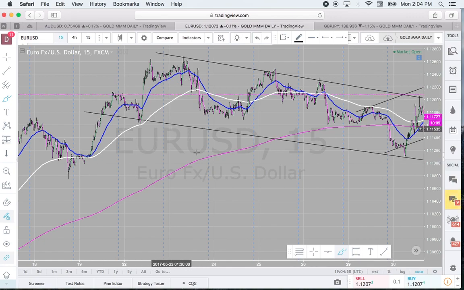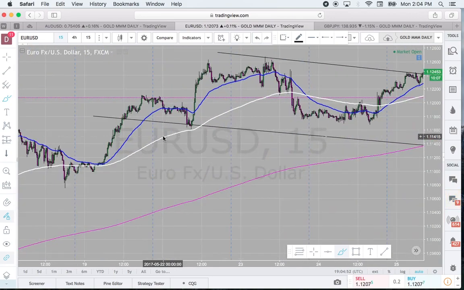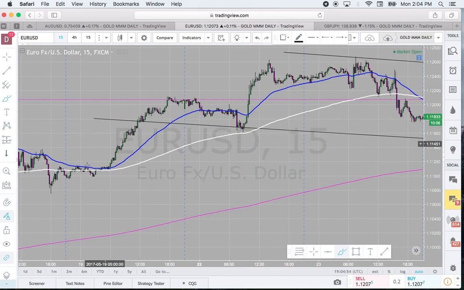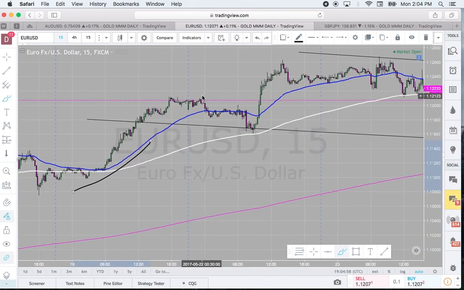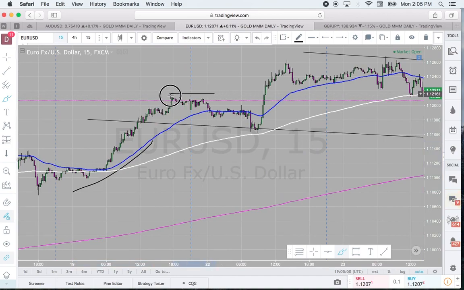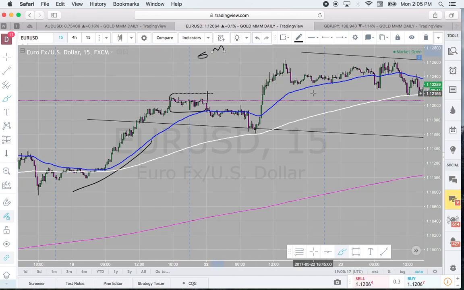Okay, we can see this was Friday because the market closed here. The market closed and then opened with a small gap, and this is now Sunday into Monday right here.